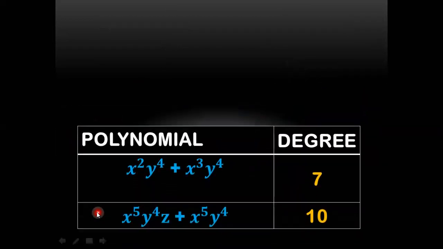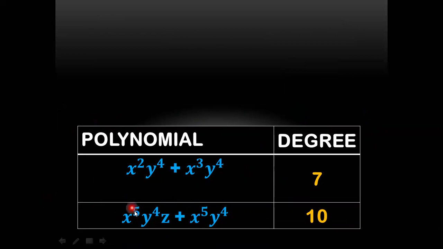Let's see some more examples. X square y4 plus x cube y4. Here the sum is 6. Here the sum is 7. So 7 is its degree. Here we have x5 y4 z1. Here the sum is 10, and here 5 plus 4, x5 y4, the sum is 9.